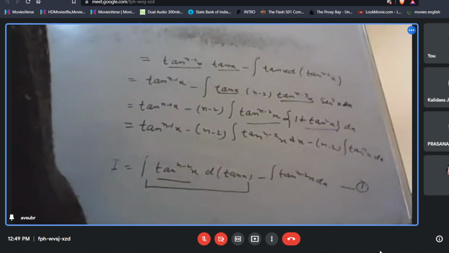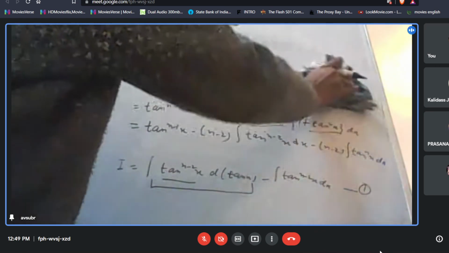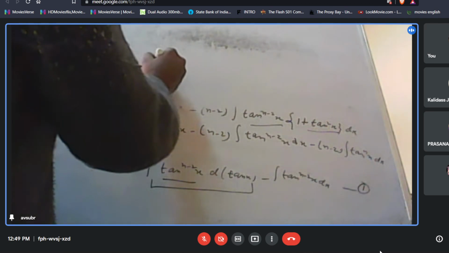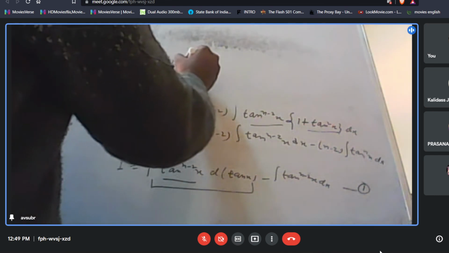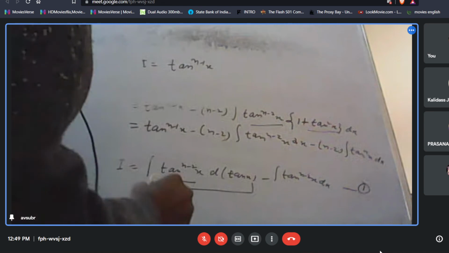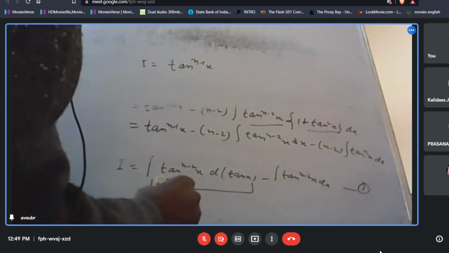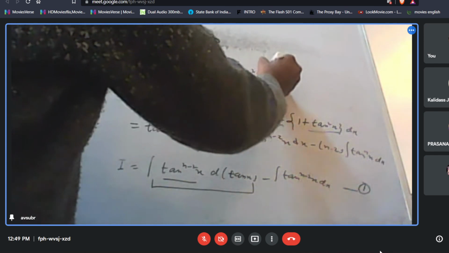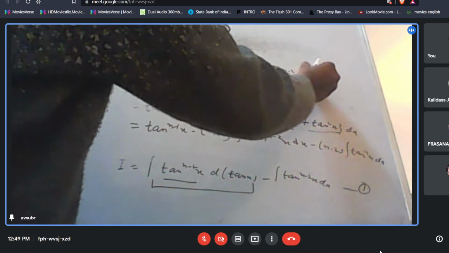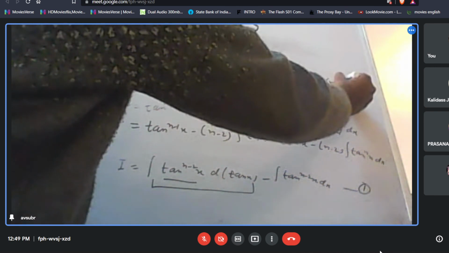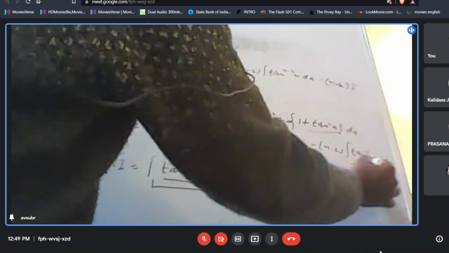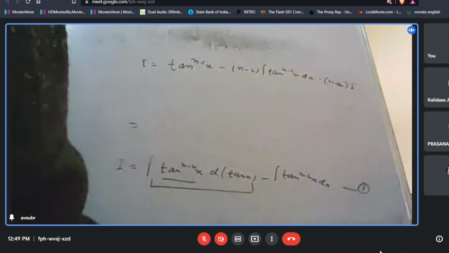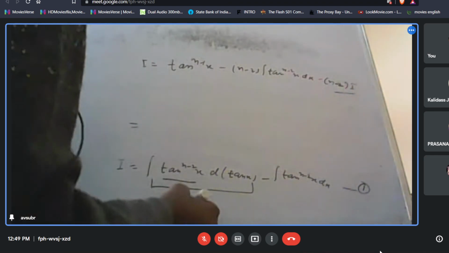I have multiplied it, and further I can write it as 10 to the power n minus 1x minus n minus 2, 10 to the power n minus 2x dx minus n minus 2 I, because this is the same as the original integration, so I can bring this to this side.